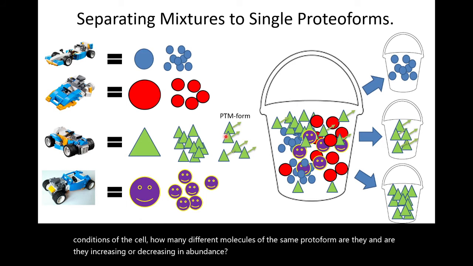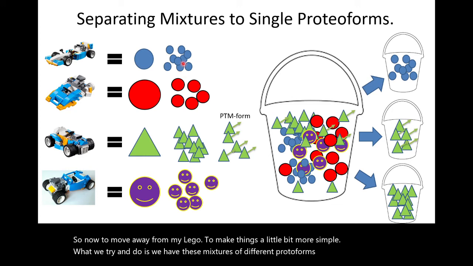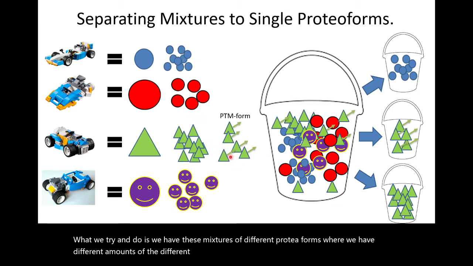So now, to move away from my Lego to make things a little bit more simple, what we try and do is we have these mixtures of different proteoforms where we have different amounts of the different proteoforms. Sometimes we have post-translationally modified versions of the proteoforms, but all of these are together in the cell.